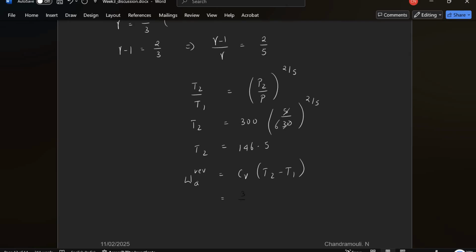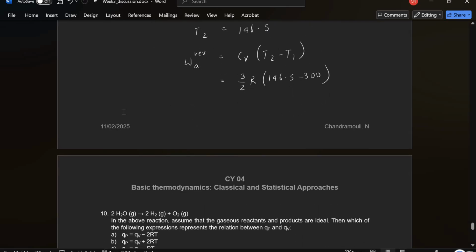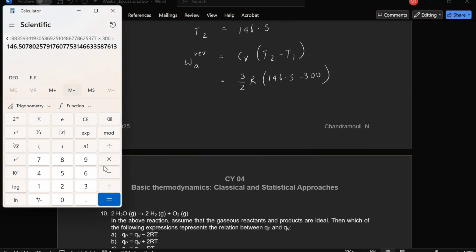CV is 3 by 2 R. So 146.5 minus 300, which is minus 153.5, into 3 by 2, which is 1.5, into R, which is 8.314.